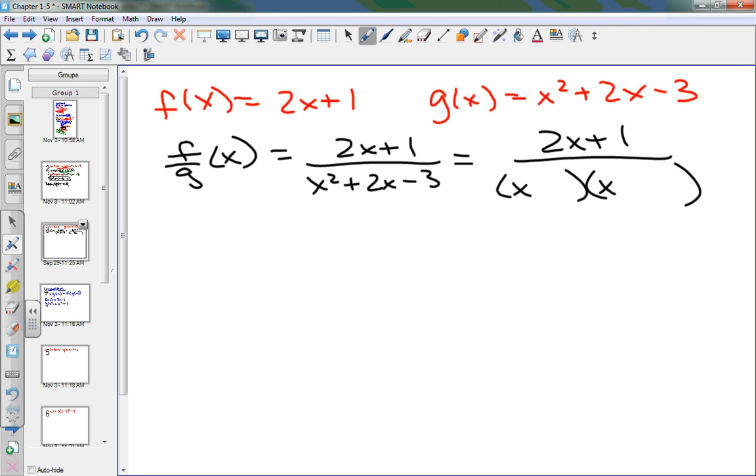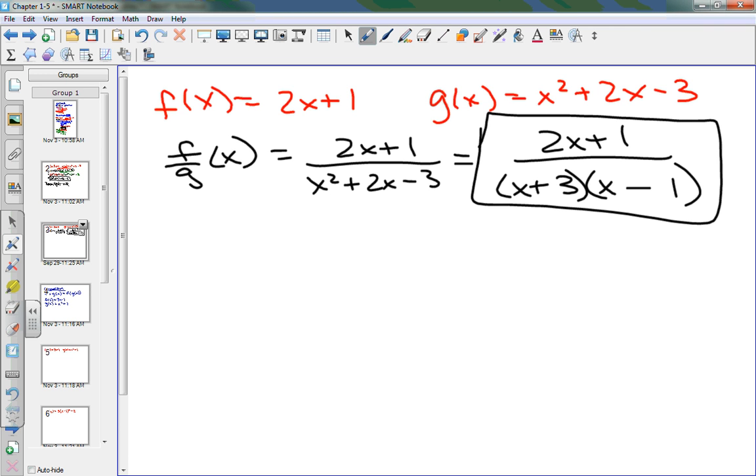I need factors of 3 that are going to be subtracted to give me a positive 2: plus 3 minus 1. Now, can I cancel anything out? No, because 2x plus 1 is one term, and that term cannot cancel out with the other two terms on the bottom, x plus 3 and x minus 1. So this is my little lovely f divided by g.